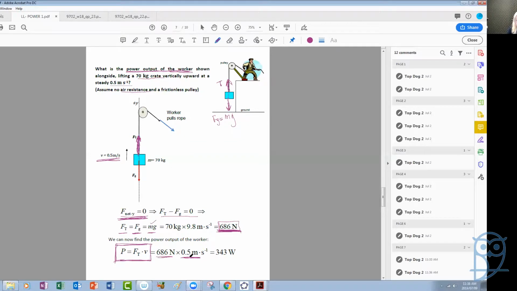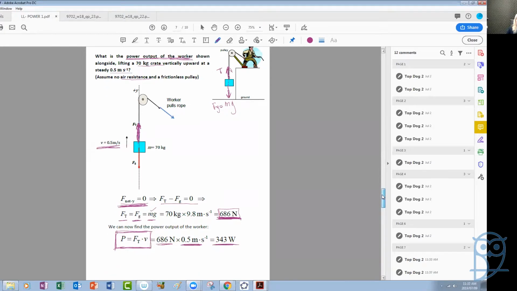This is a constant speed, so we don't have to talk about average speed or maximum speed. The steady speed is like talking about the average speed. And if we do the calculations, 686 newtons times 0.5 meters per second, we get that the power output is 343 watts. So this is the power output of this worker that exerts this force, which equals this tension force. All right.